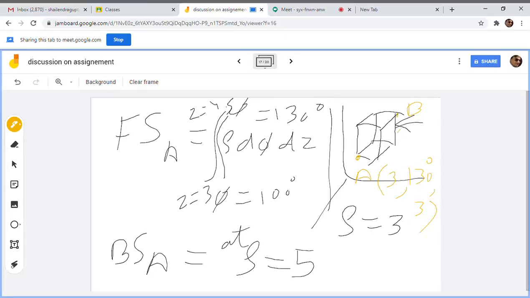Then B: B is at rho equal to 5, angle 100 degrees, and z is 4.5. So B is 5, 100 degrees, 4.5.